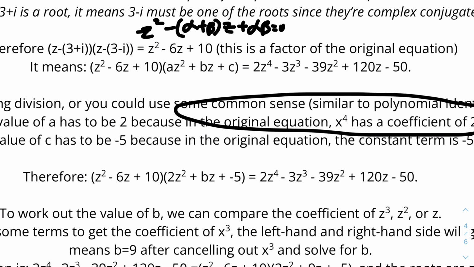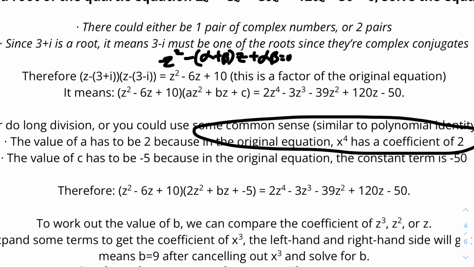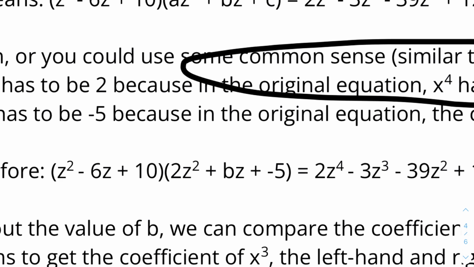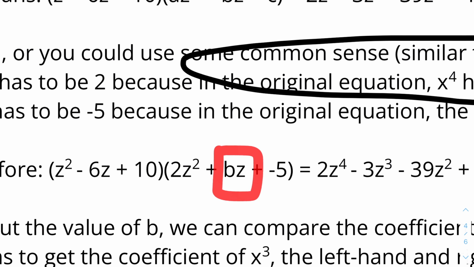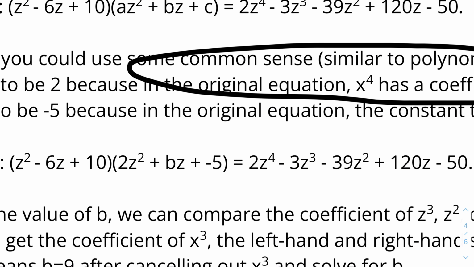From here we can work out the value of b by comparing the coefficients of z cubed, z squared, or z. Because b is attached to a z, it could be present in any of these three, so we can just choose one of the coefficients to focus on.